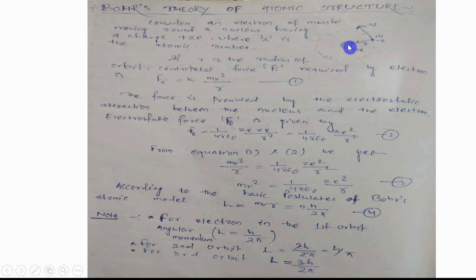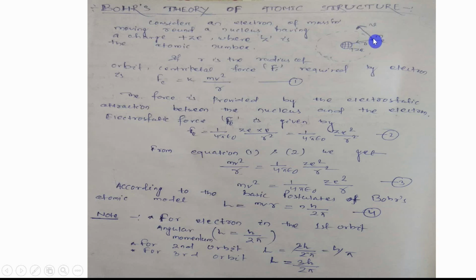So let us consider, here is the nucleus, this is the atom, and the electrons are revolving around the nucleus in a path of radius r.